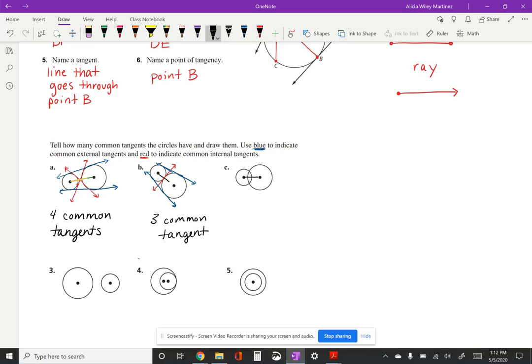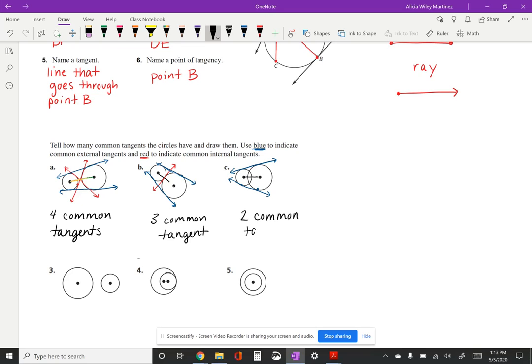So in this problem, there's no internal tangents, but we still have those external tangents out here on the outside. So again, imagine there were 2 points here and you connected them for these 2 coplanar circles. So this has 2 common tangents.